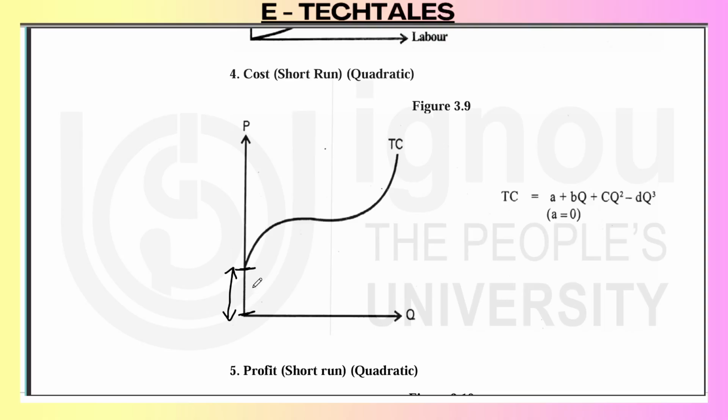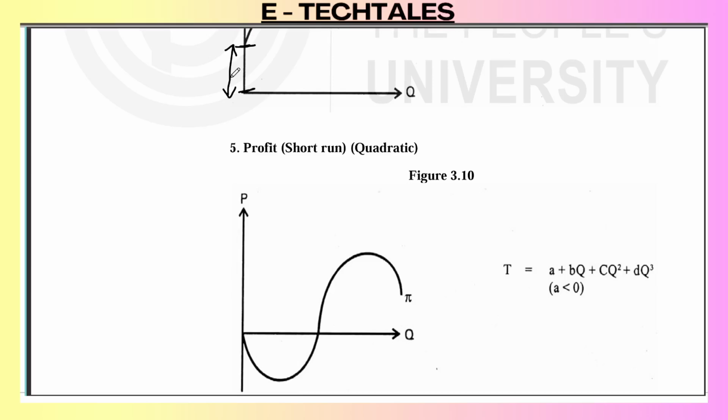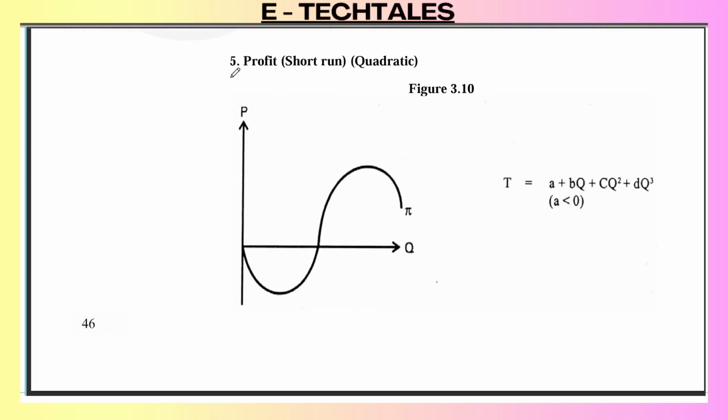So this is the initial cost of production, and from there onwards the short run begins. So the total cost for this kind of short run is a plus bq plus cq square minus dq cube. Okay, just remember the definitions mostly.